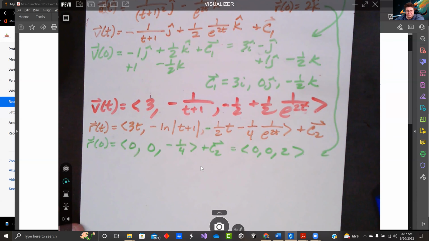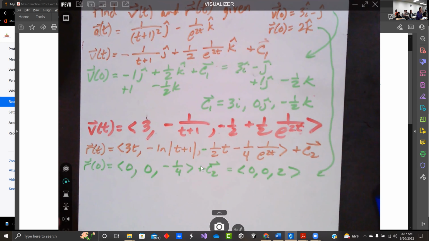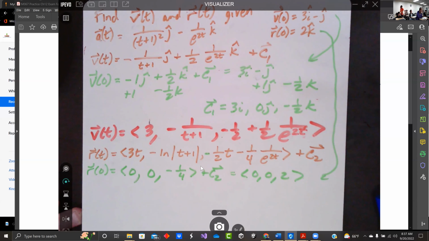Everything looking good so far? I can't see the neon at all. Let me try pulling down the lights. I still can't read that. I can see it, I just don't know what it is. Is that a 3? There's a lot of threes. That's a 3i. Try dimming the lights. I already did.